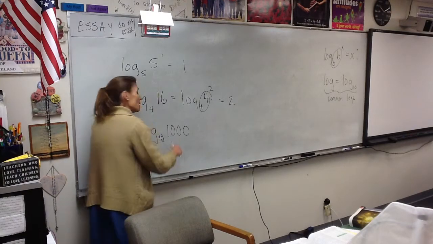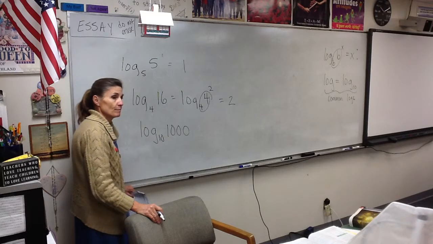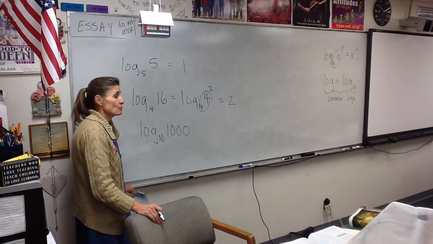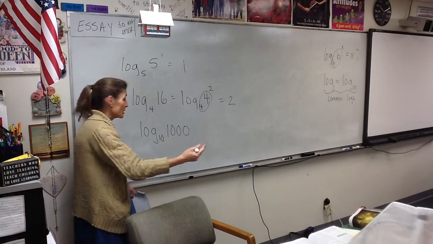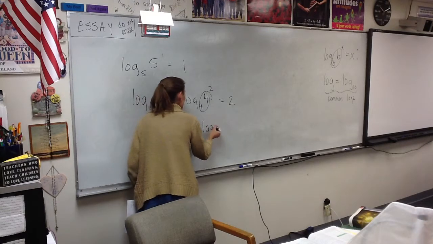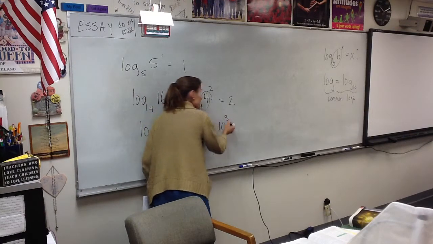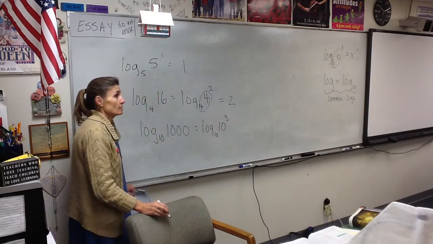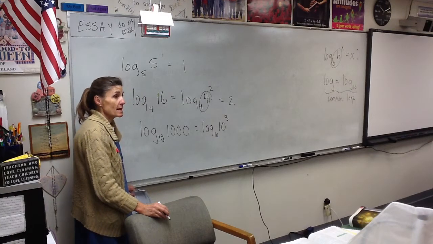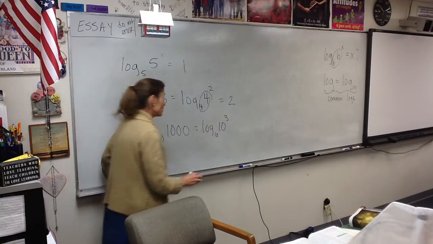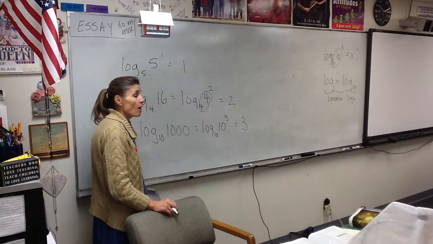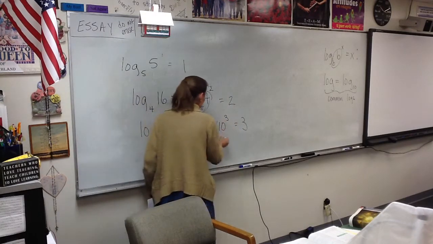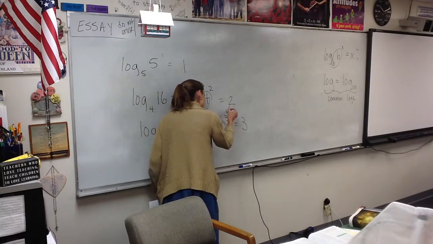Now, tell me about 1,000. It's not 100 squared, it's 10 cubed. It's 10 times 10 times 10. So this is the log base 10 of 10 cubed. What is the log base 10 of 10 cubed? 3. Our property says that when these two numbers match, that's the answer.